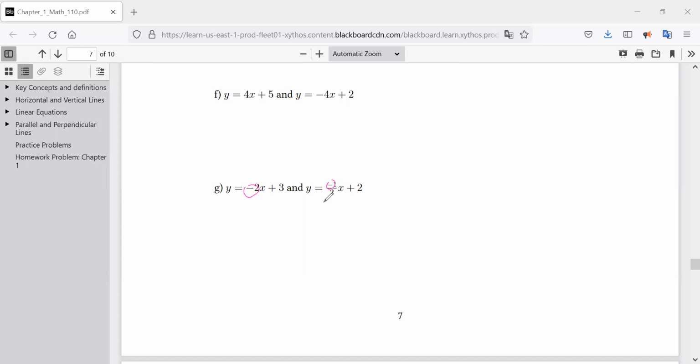They're reciprocals of each other, but we need negative reciprocals. Does that make sense? If we were to draw these, this one is going to be 3, and this one is going to be 2, something like this. So this also is not perpendicular or parallel.